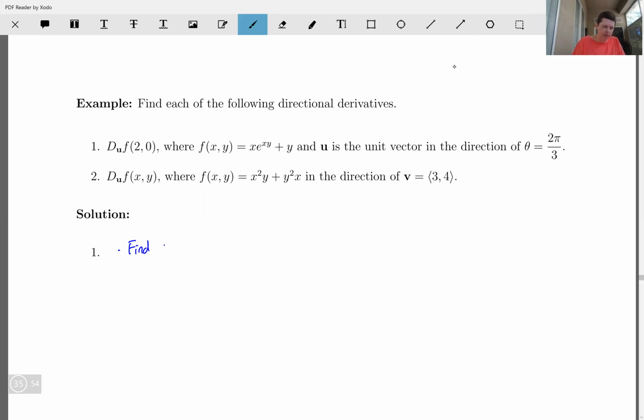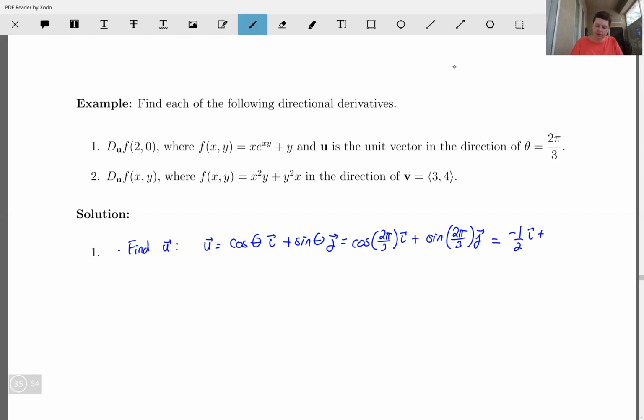Well, u is just cosine theta i plus sine theta j. And so that's cosine of 2 pi over 3 i plus sine of 2 pi over 3 j. Cosine of 2 pi over 3 is negative 1/2, and sine of 2 pi over 3 is root 3 over 2, and there's our unit vector.